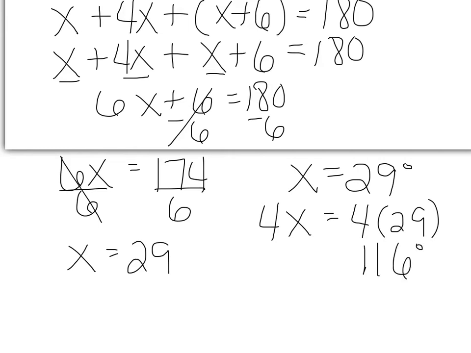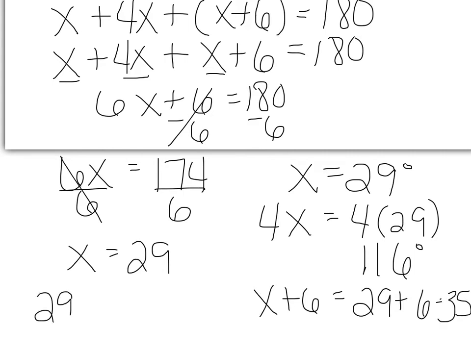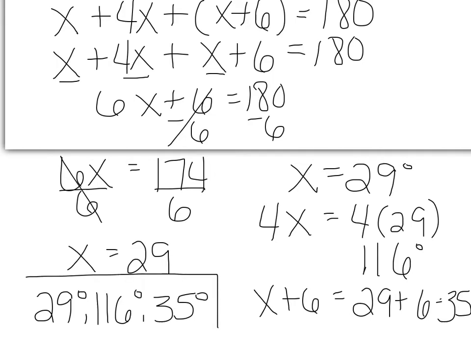And then you've got x plus 6, which is 29 plus 6, which is 35. So your angles are 29 degrees, 116 degrees, and 35 degrees. Now I would add those up to make sure they equal 180. 29 plus 116 plus 35 does equal 180, so you're good to go.